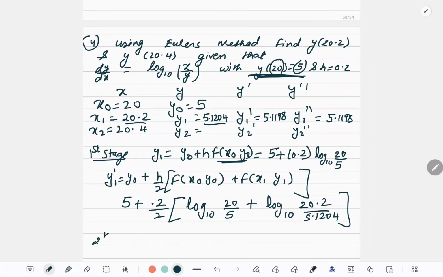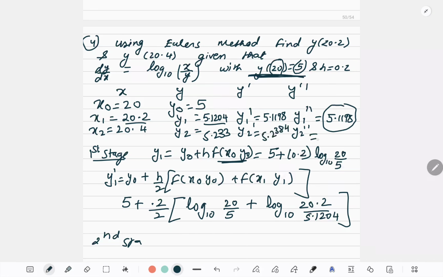Okay, then go to the second stage and repeat the same process. So now when using the second stage and the same data and the same formulas, you will get y2 is equal to 5.239. This is the final value of y1. Okay, then you will modify this value and you will get the answer for y2 dash, that is the first modified value, which will be 5.2384.